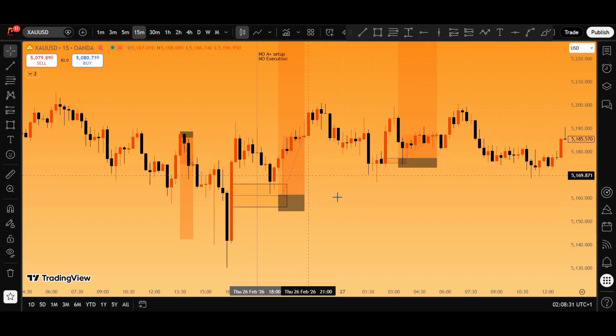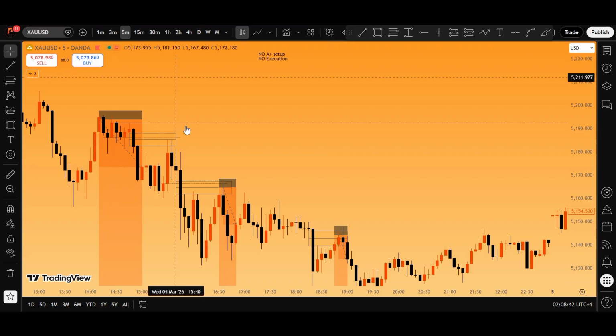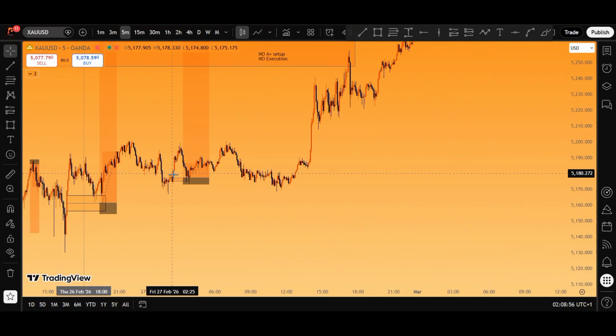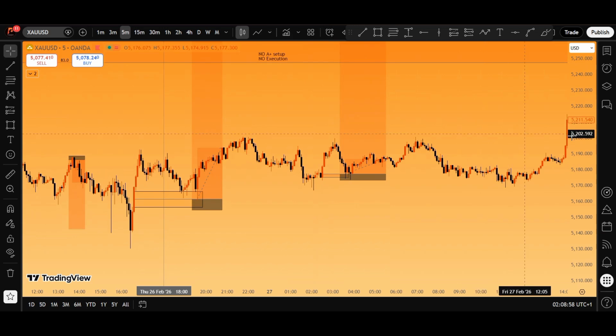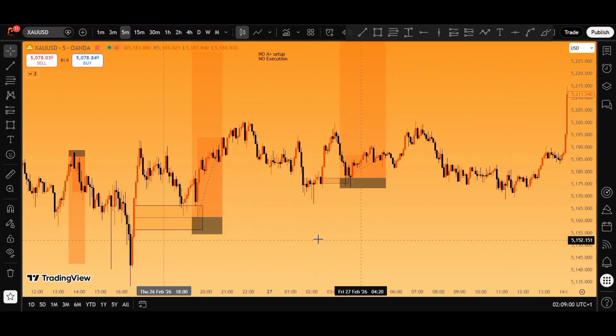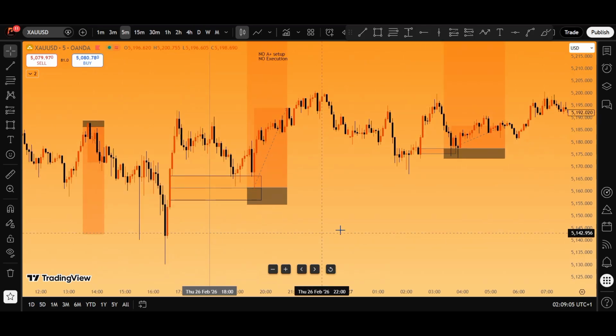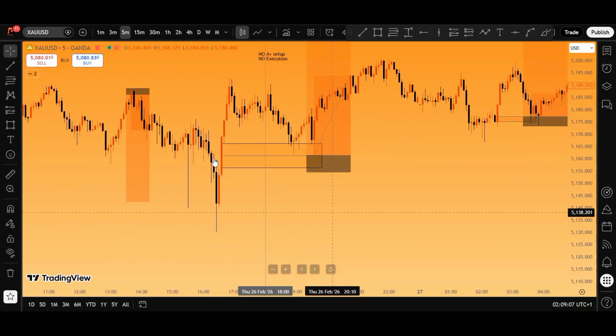So the move started at this open close key level here, but then I still wanted something better, so I went down to an even lower time frame, which is the 5 minutes. On the 5 minutes time frame, there is this very nice looking favorable gap, as you can see here, and I use the midpoint as my entry point.